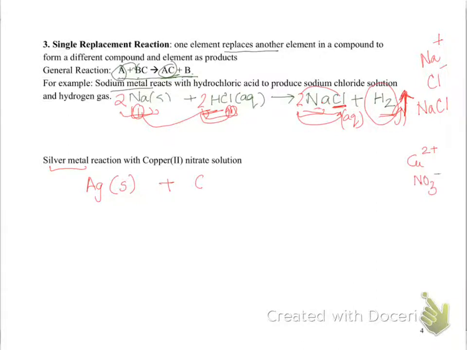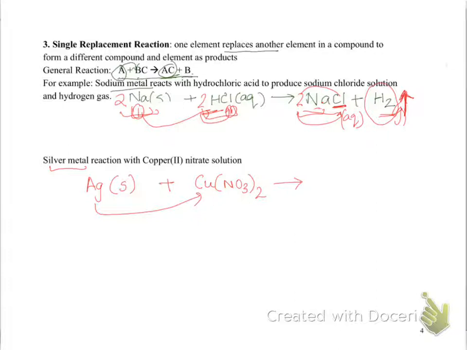Here NO3 with 1 negative. So my formula will be, swap the numbers, so it will become Cu(NO3)2. Now if this is a single replacement reaction, then what does it mean? That silver should replace copper from copper nitrate. But it's not that every time you mix two things, the reaction is always taking place.